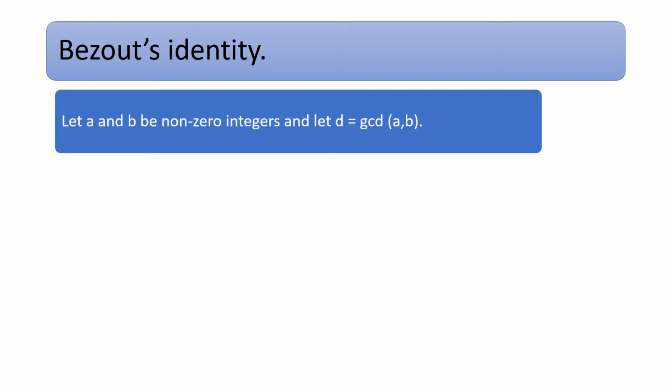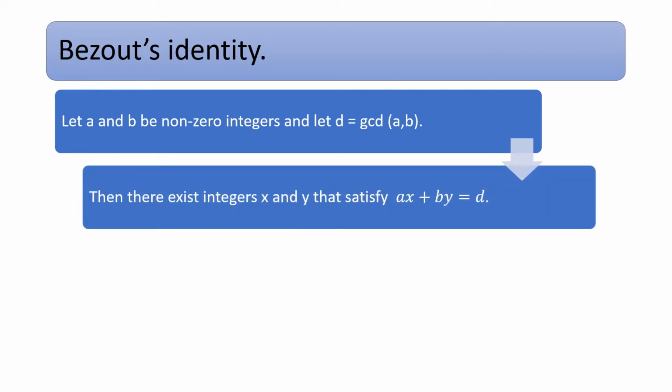Let a and b be two non-zero integers, then we can easily find the GCD of these two numbers, and let that GCD be d. We can find a linear combination, that is ax plus by equal to d, representing the GCD as a linear combination of the two integers a and b.